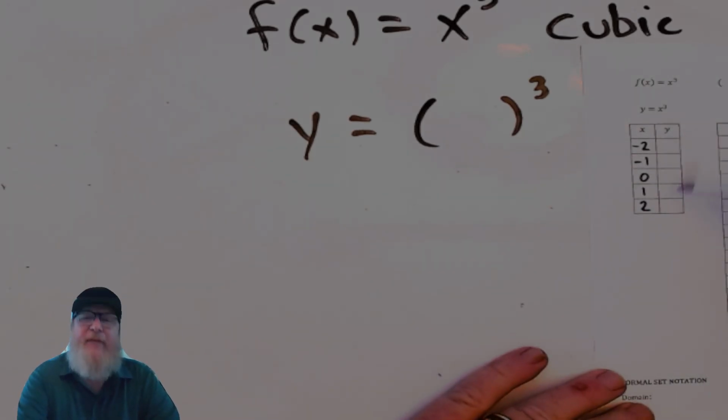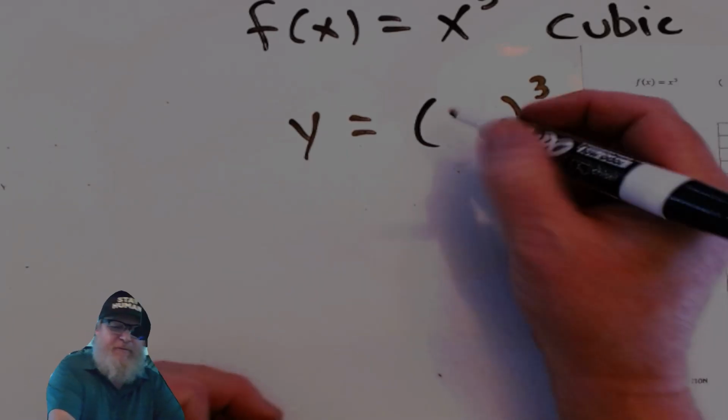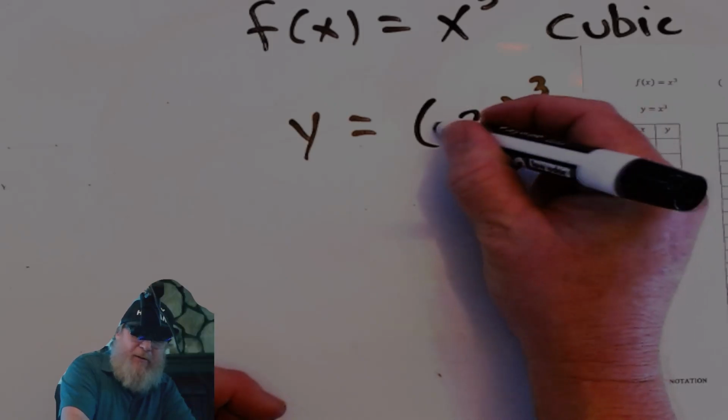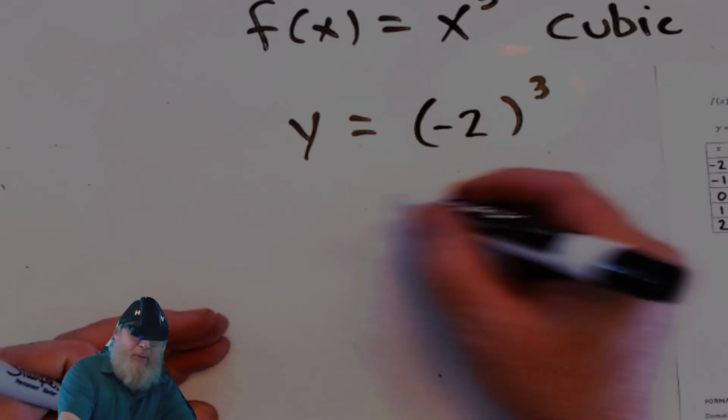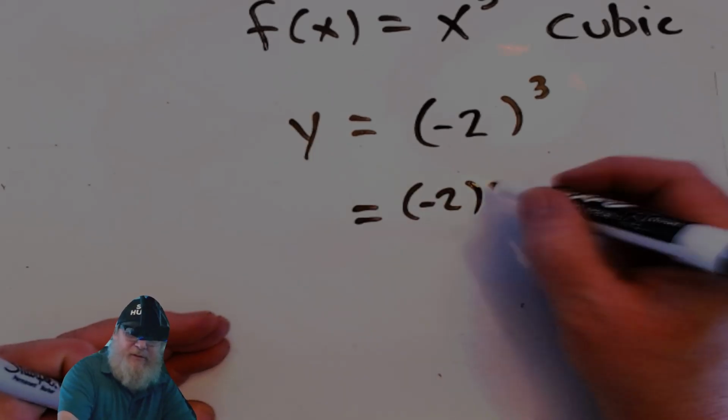The inputs will be the same. You can't pick the y's and the x's at the same time. You can pick one or the other. You could pick y and then figure out what x would be. It's always easier to pick what goes in and then let the function determine the output. So your output is -2 times -2 times -2.